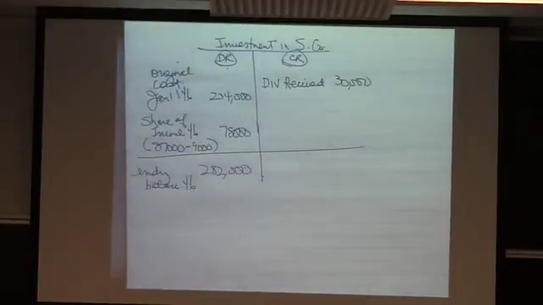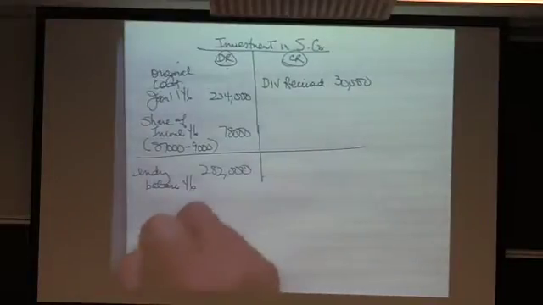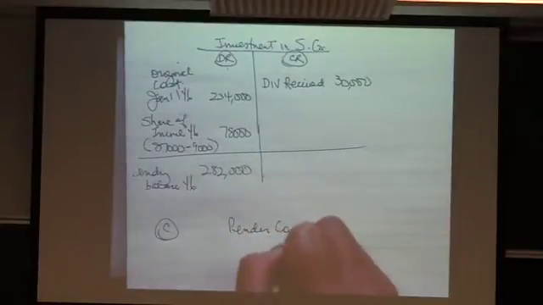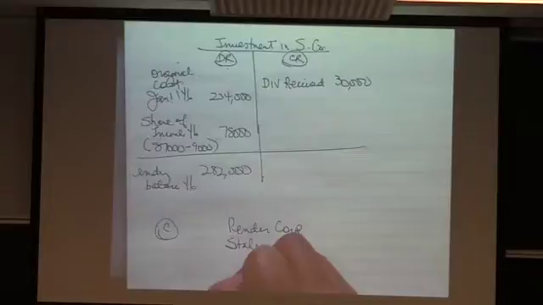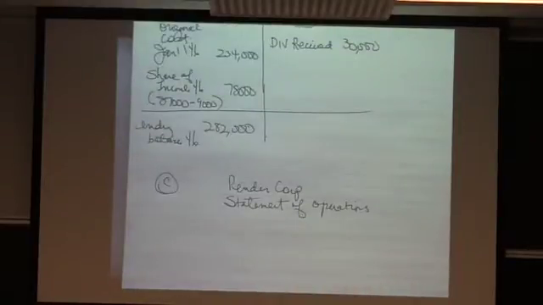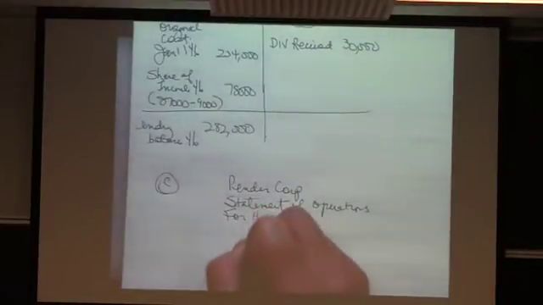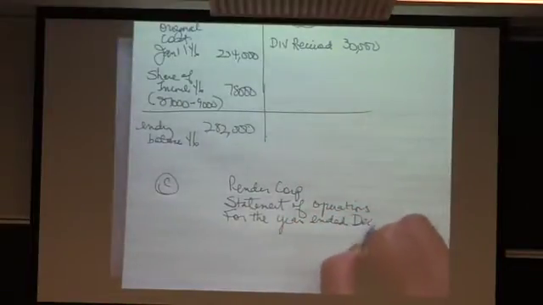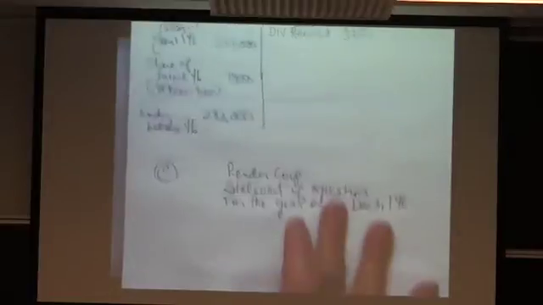Then it asked us to prepare the income statement of Pender. So this is part C. Pender Corporation, statement of operations for the year ended December 31st, year 6.